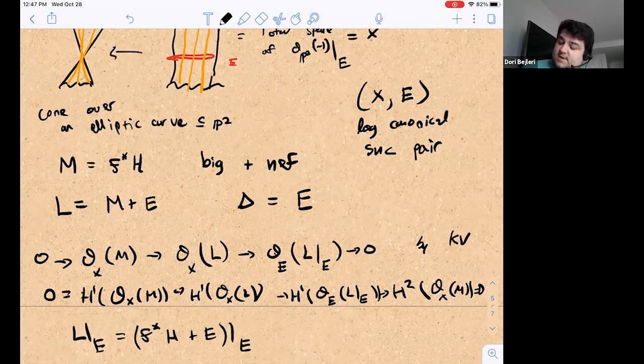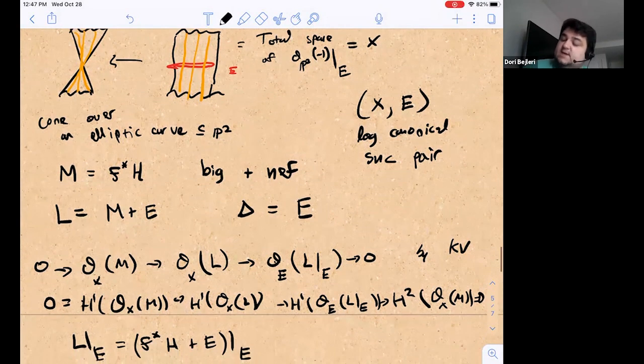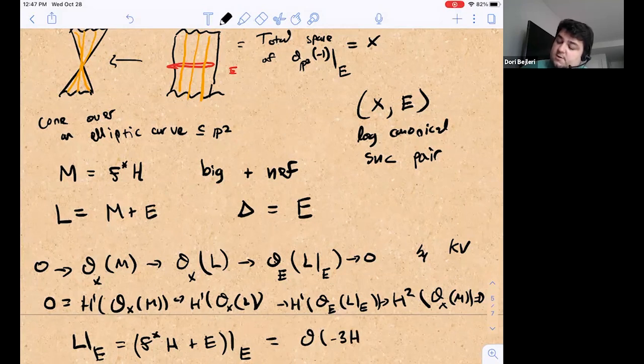And E restricted to E, well, this was a degree 3 embedding. E squared is minus 3. Or another way to say it is that E restricted to E, this normal bundle, is O of minus 3 times hyperplane.